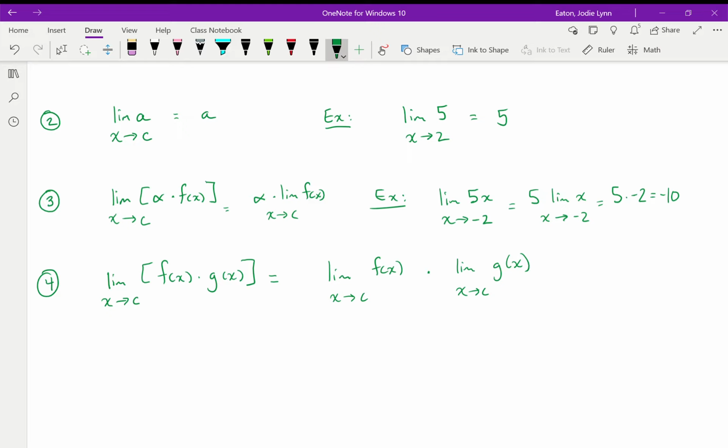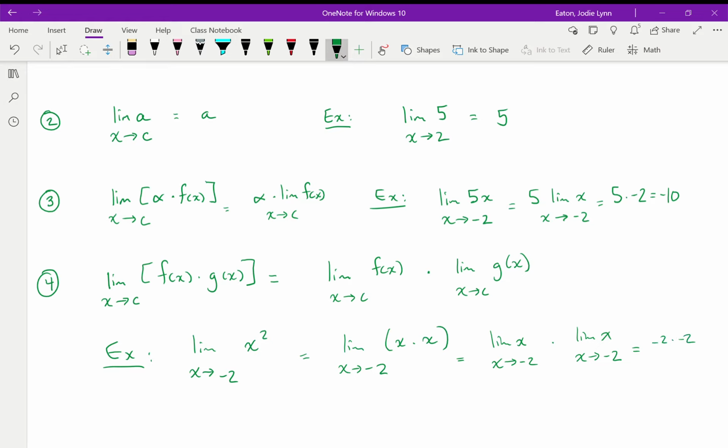So for example, if we have the limit as x approaches minus 2 of x squared, this is equal to the limit as x approaches minus 2 of x times x, which is equal to the limit of x as x approaches minus 2 times the limit of x as x approaches minus 2, which is equal to minus 2 times minus 2, which equals positive 4.